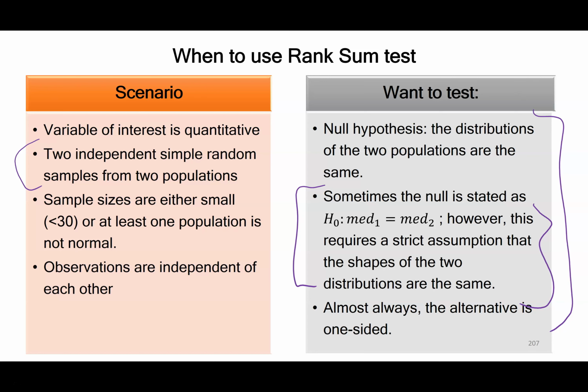Honestly, with a sample size of 4, it is really hard to tell if that's true. So it's easier and probably more consistently better to just talk about the distribution of group 1 and the distribution of group 2. And in general, almost always, we're going to deal with the alternative being one-sided. At least in ST202, we're not going to throw you a curveball. They're going to be one-sided in our class.